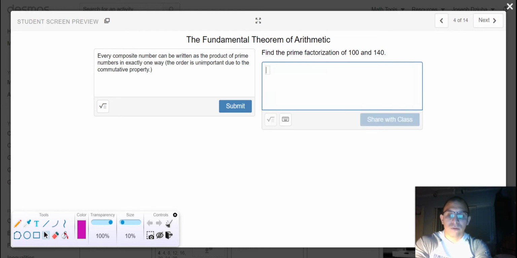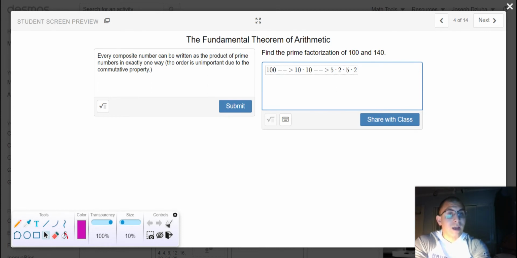I'll help with 100. So I know that 100 will factor to 10 times 10. I further know that 10 times 10 can factor as 5 times 2, that's for the first 10, times 5 times 2, that's for the second 10.